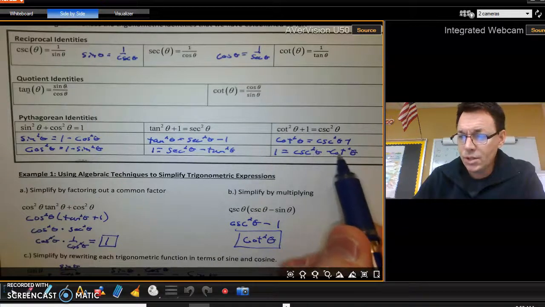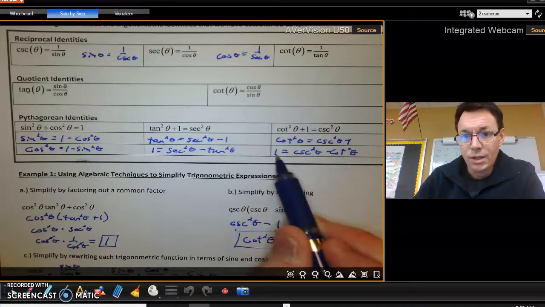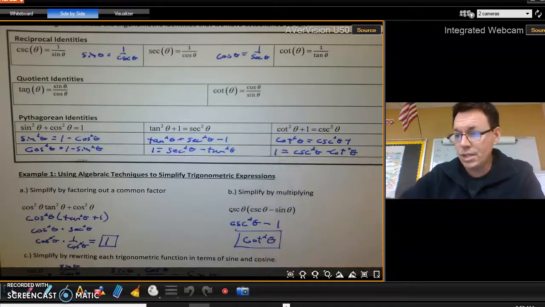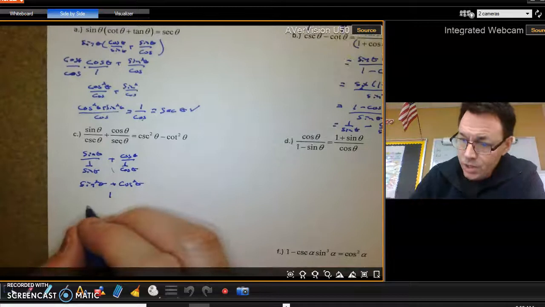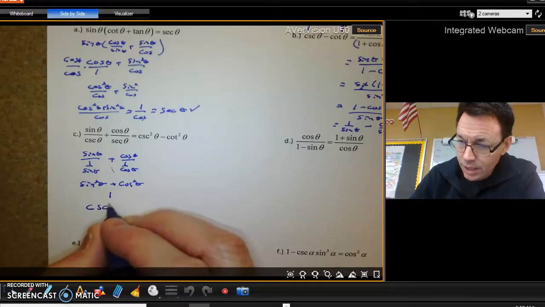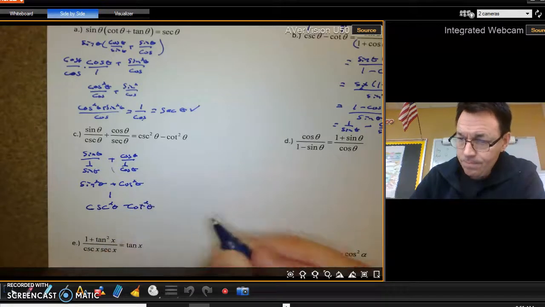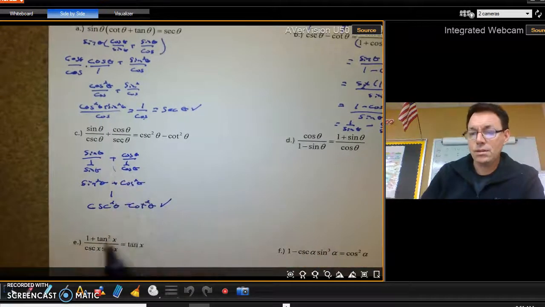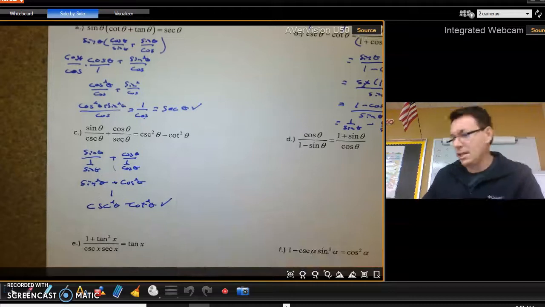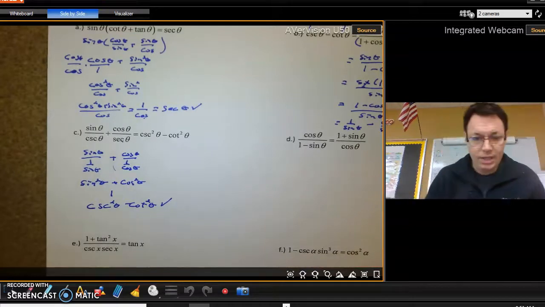Cosecant squared minus cotangent squared is equal to 1, which means I can replace the number 1 with this expression, which is exactly what I wanted to do. All right, so yes, I have turned this side into that side, and I have proven that identity.